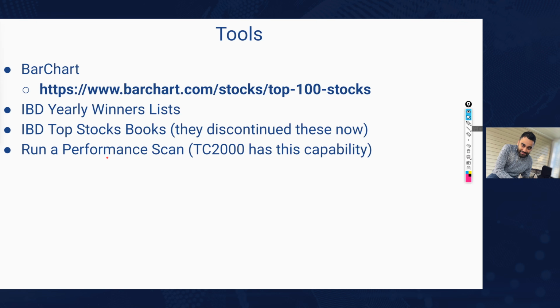A simple one is to run a performance scan. You could do this on TC2000 or Thinkorswim, and say, close 500 days ago versus the close today. What are the biggest winners? You can look at that list. One thing you can run on a quarterly basis is year-to-date winners, just to see what's working, what isn't working, and what's up the most. Why is it up the most?